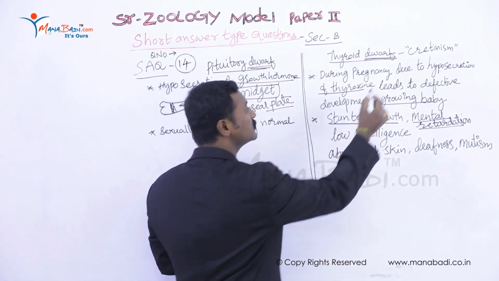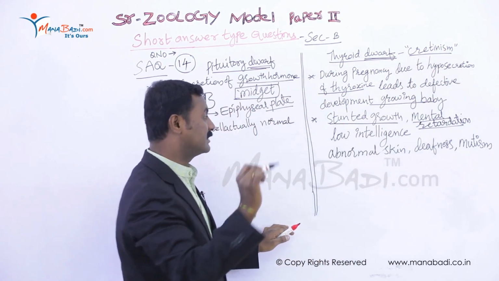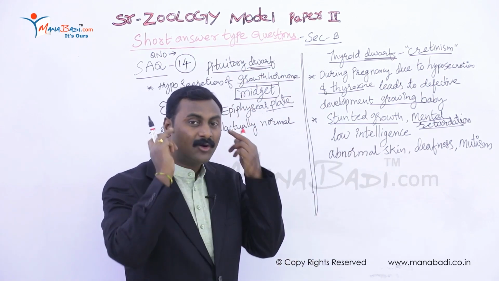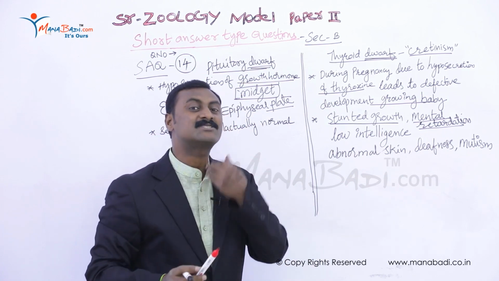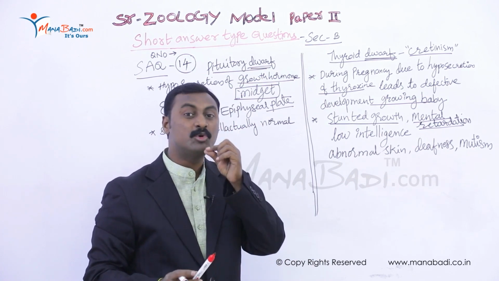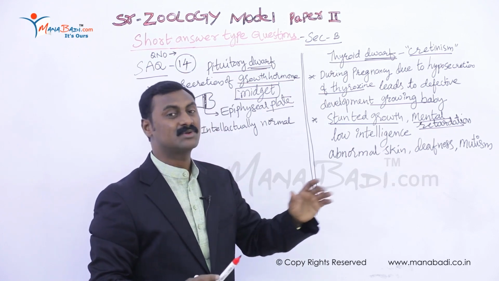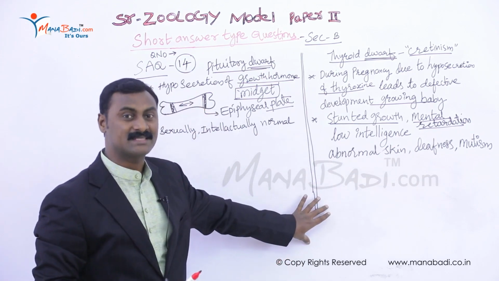What is the word we will use? Cretins. So this is called cretinism. They have low intelligence, abnormal skin, and deafness. So they cannot hear, and therefore they cannot speak. This condition is called mutism. Deafness is there and mutism is there. These differences you have to read thoroughly for the examination.